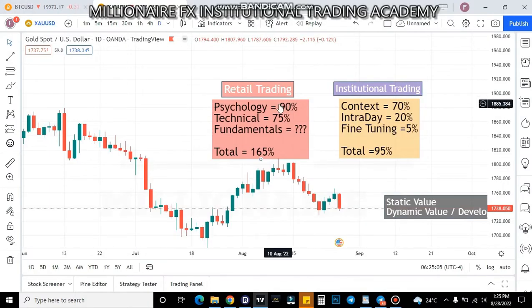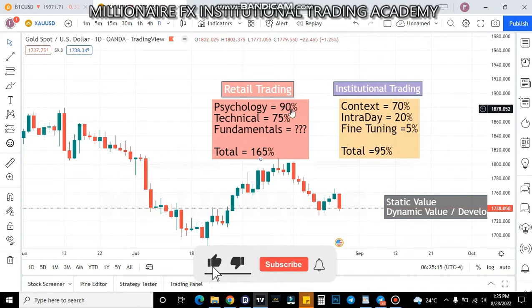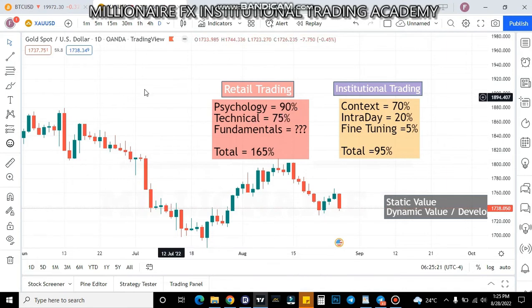The moment somebody tells you psychology is 90% of your trading, it's like they're saying that when you wake up and feel good, or feel less stressed, and you feel like you want to come and buy gold or sell it, that's it. You understand? That's exactly what they are saying. Because you feel like doing it. And trust me, that's really nonsense.